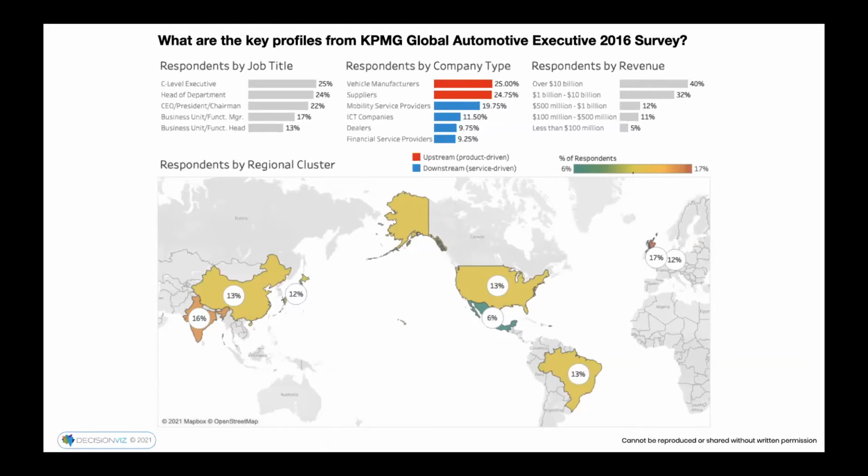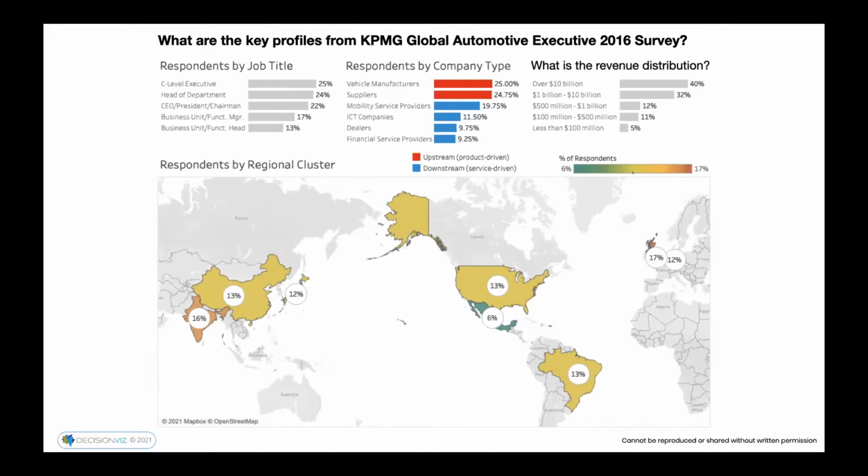And let's take a look at a couple of the other charts in here and see what we could do in terms of turning those into questions. So the first one is in the top right, it says respondents by revenue. What is the revenue distribution? Seems much more straightforward to me.